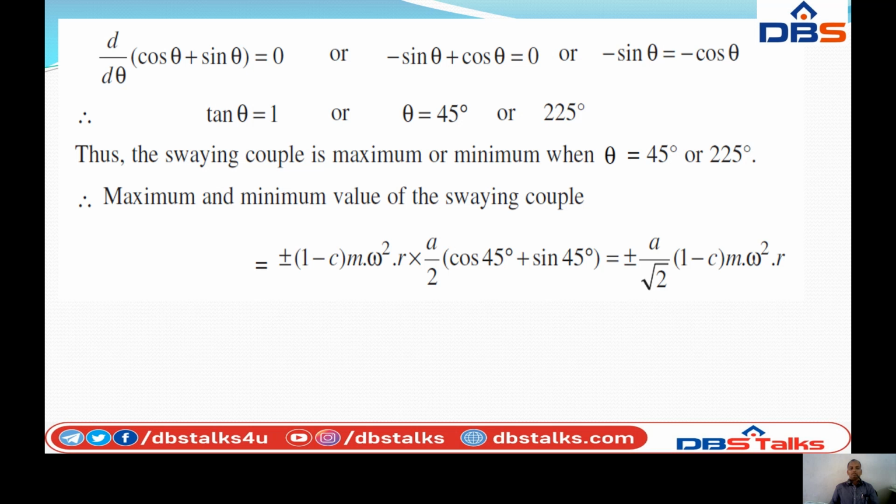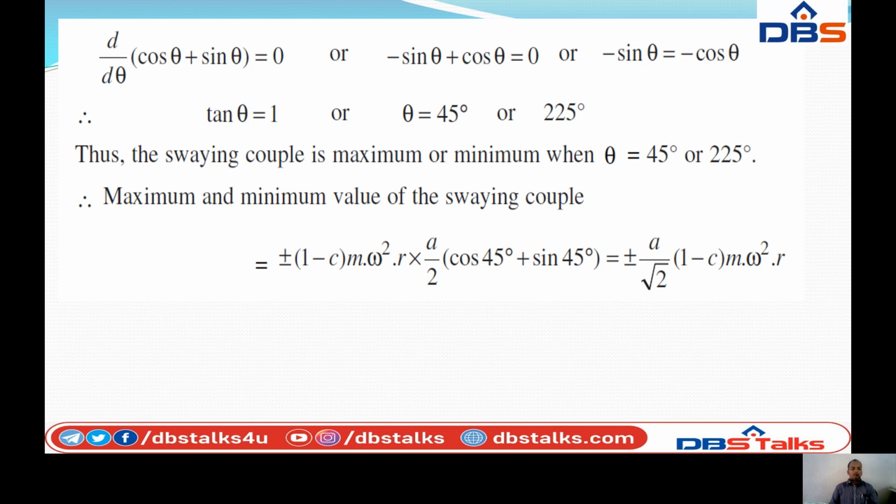Since the swaying couple is more harmful than the oscillating couple, the value of C is taken from 2 by 3 to 3 by 4 in two cylinder locomotives with two pairs of coupled wheels. In the larger four cylinder locomotives with three or more pairs of coupled wheels, C is taken as 2 by 5. Moreover, the swaying couple is very harmful compared to the tractive force.